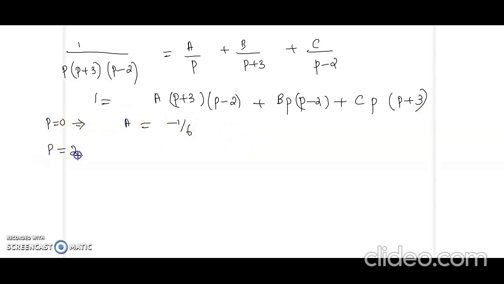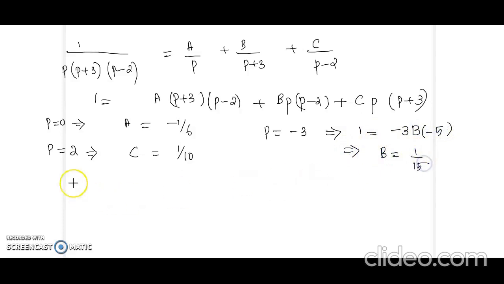Now p equal to 2 implies, when p equal to 2 you will get the c value. C will be equal to 1 by 10. And when p equal to minus 3 you will have 1 equal to minus 3b into minus 5. So b will be equal to 1 by 15.